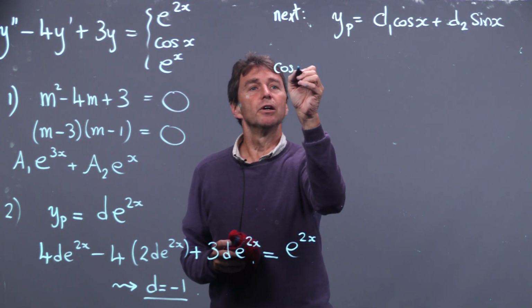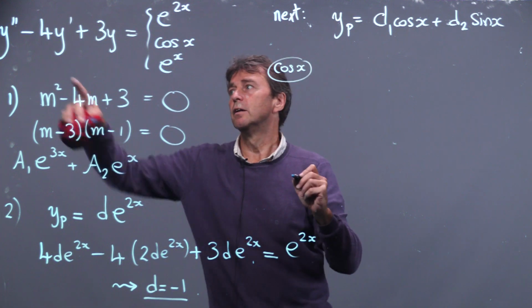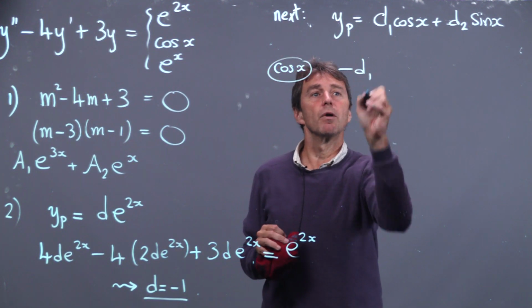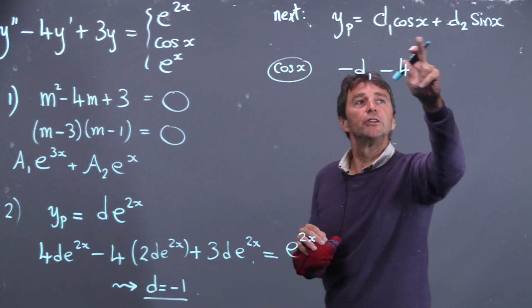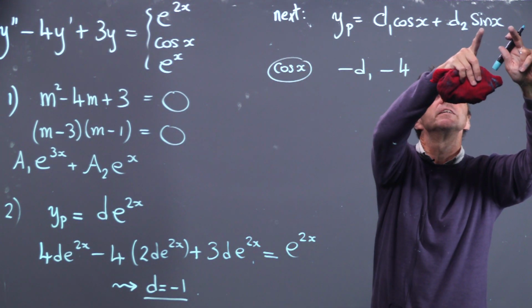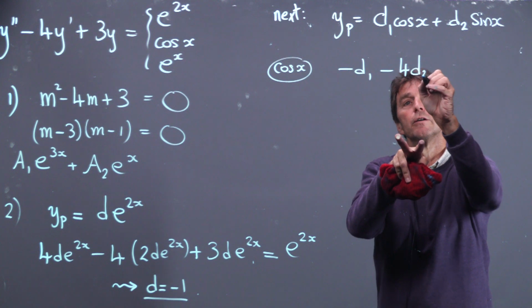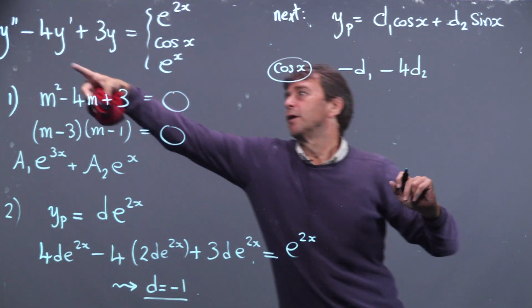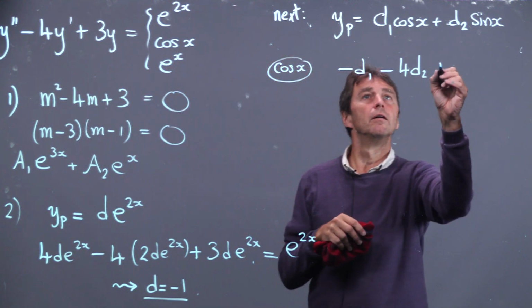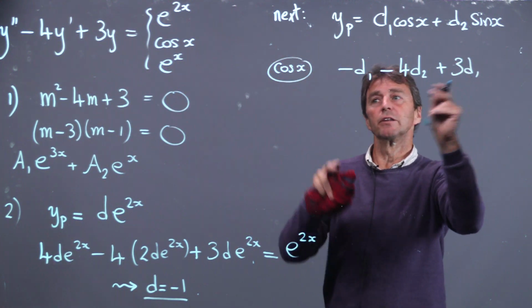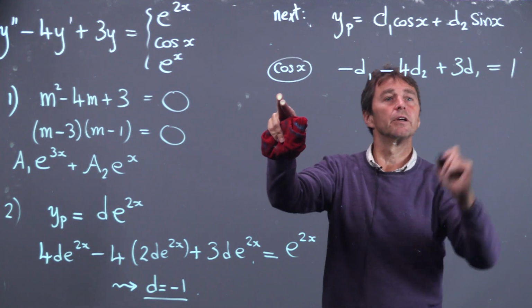So there's a bunch of terms that I get with cosines. So in here I'm going to get minus d1. There's going to be a minus 4, and when I differentiate this once, that turns the sine into a cosine. So I'm going to get a cosine with a minus 4 d2. And then there's the plus 3 d1. So these are all of the cosine terms, and there's one on the other side.